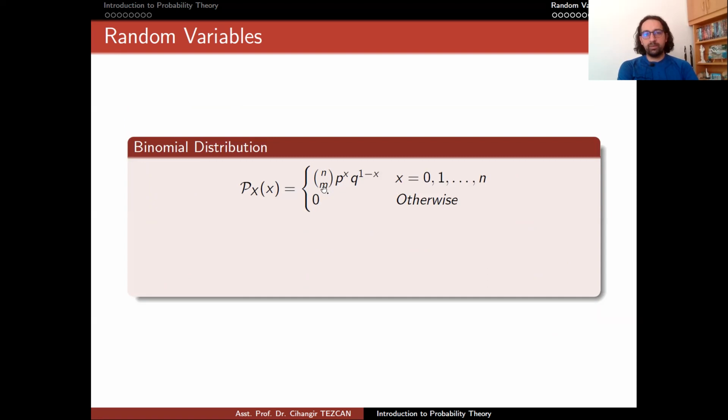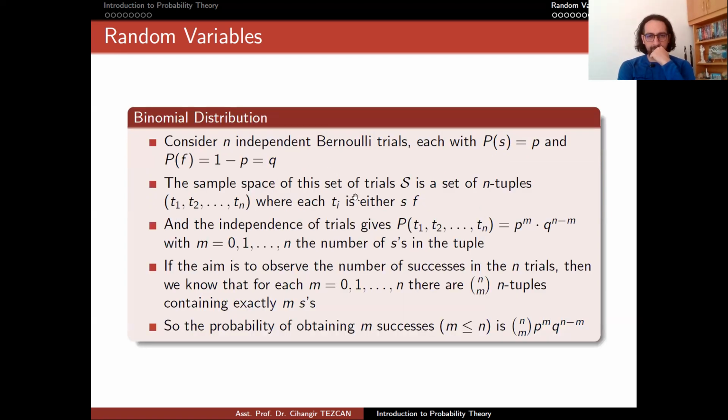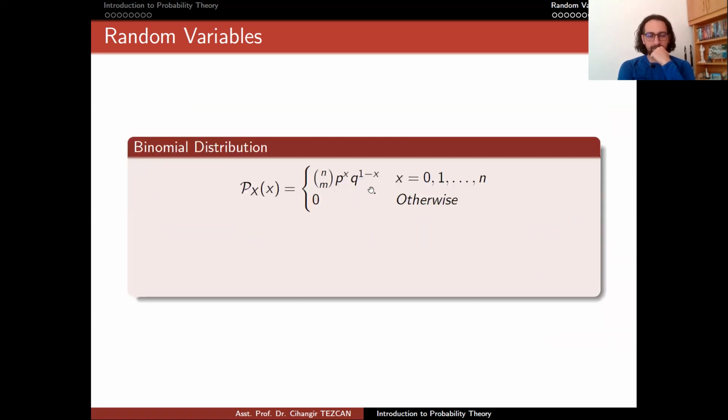Actually, there is a typo here. This m should be x because we are defining it for x. Okay. Is that so? No. Let me think about it. Yes, this is a copy paste error from the Bernoulli distribution.